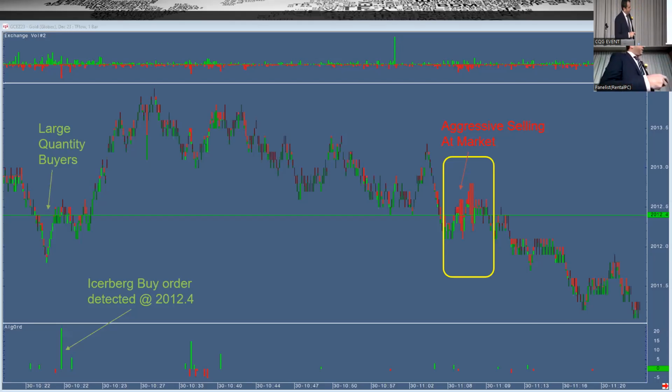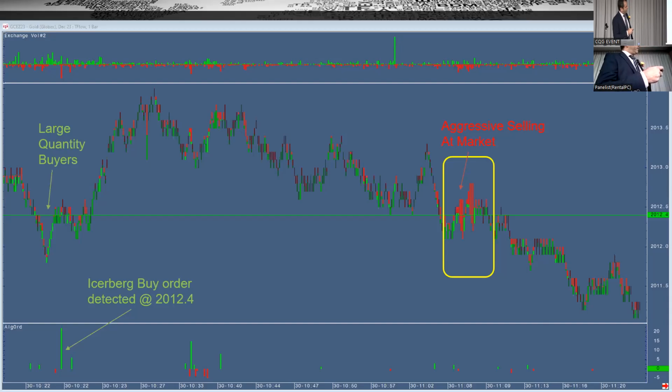We can also see at the bottom a sort of algo finder, which shows you who's in the market as well, because it represents iceberg orders that we believe are in the market. And that gives an idea of the kind of activity that can occur at certain prices.